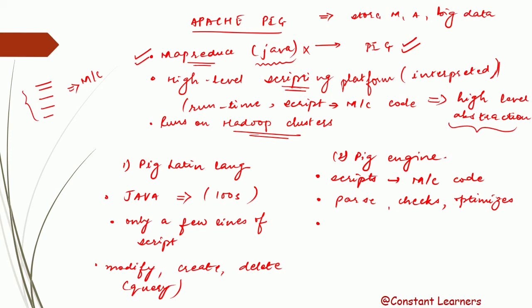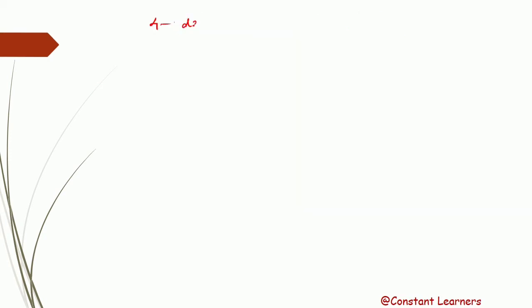Also, there are 4 data models in Apache Pig. First is the atom. That means atomic data types can be used, like string, integer, long, double. Then the second one is the tuple.